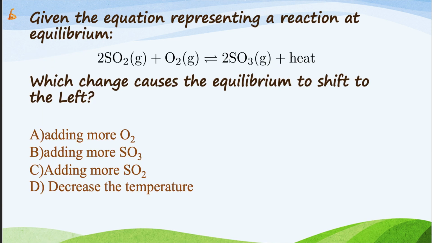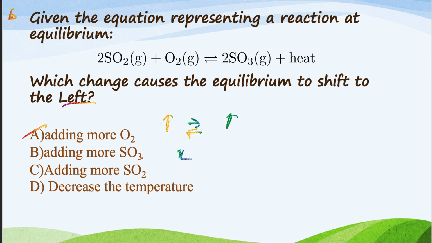So let's take a look at this question here, okay? Which changes would cause the equilibrium to shift to the left? If we add more oxygen, so this increases here, it's going to shift away, so it's going to go towards the right. And we want to go to the left. If we add more of this, it's going to go towards the left, right?